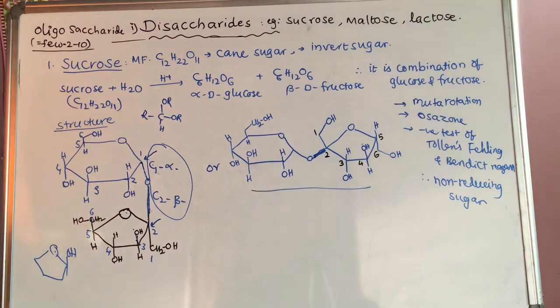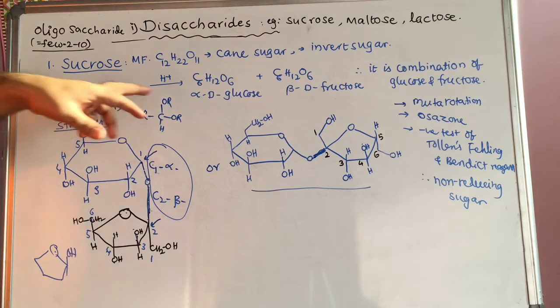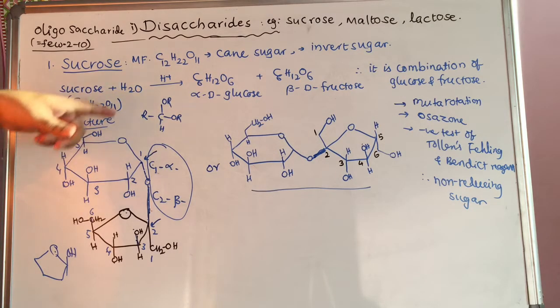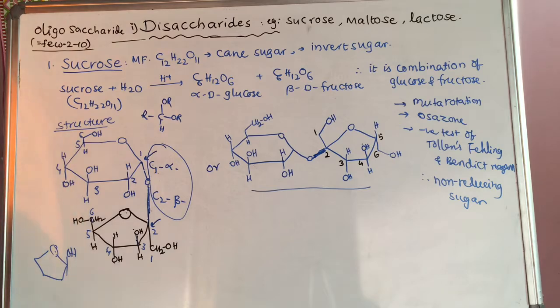Next, if you hydrolyze this sucrose with alpha glucosidase enzyme, you get alpha D glucose.